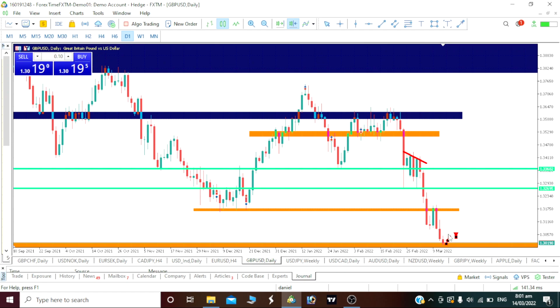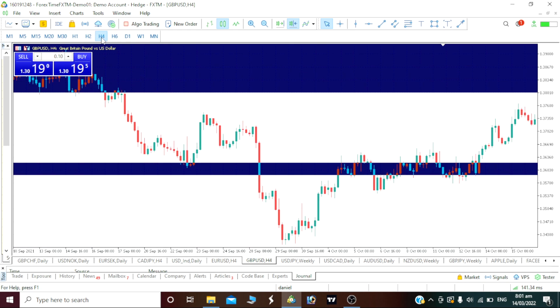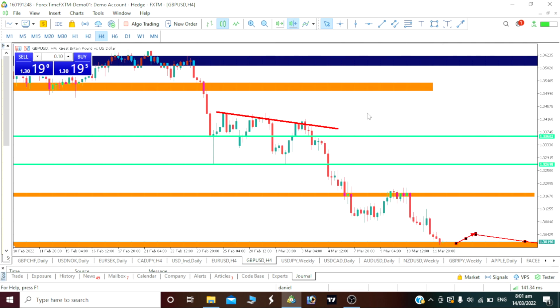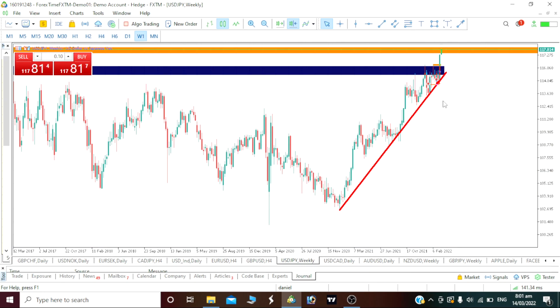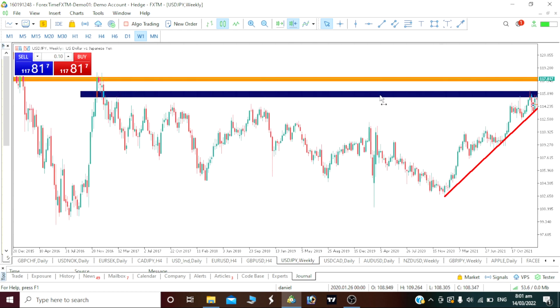Our price should at least retrace up a little bit before we take that sell position. On our daily time frame, our price is still moving down.